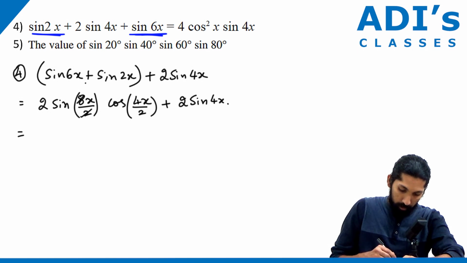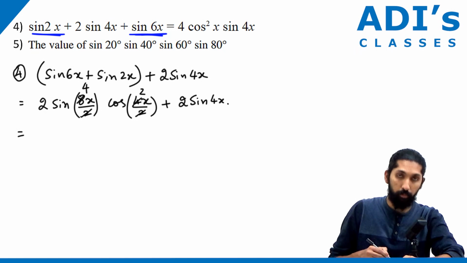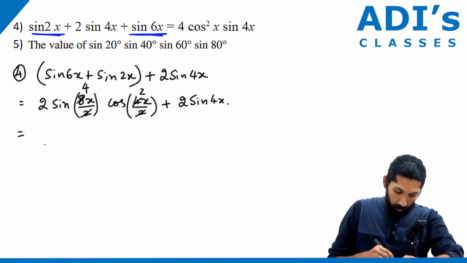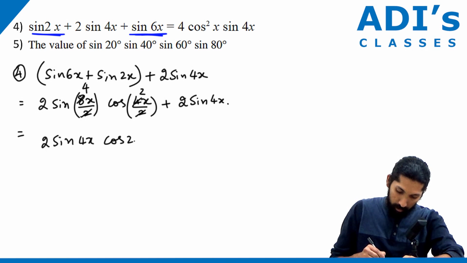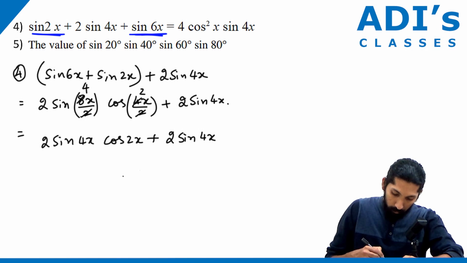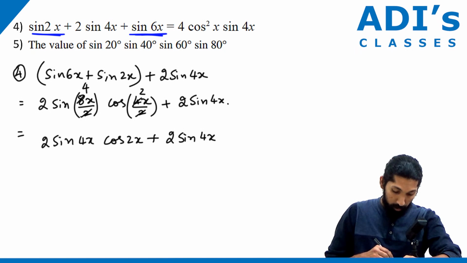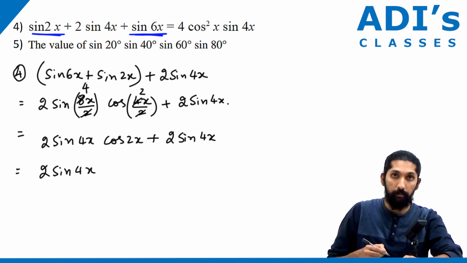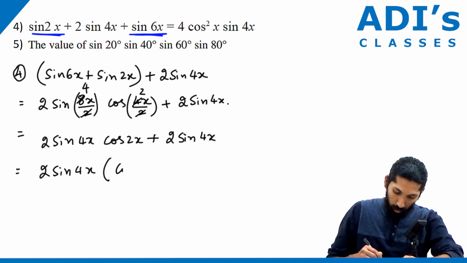Now here you can make this as 4, here you can make this as 2. So what you have? 2 sine 4x cos 2x plus 2 sine 4x. Correct? What do you see common? 2 sine 4x is common, isn't it? Into cos 2x plus 1.